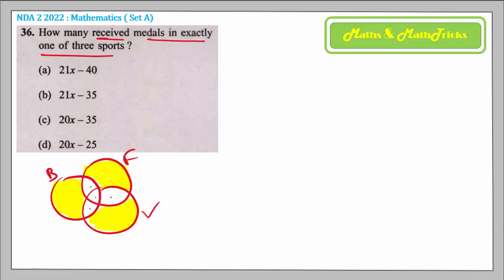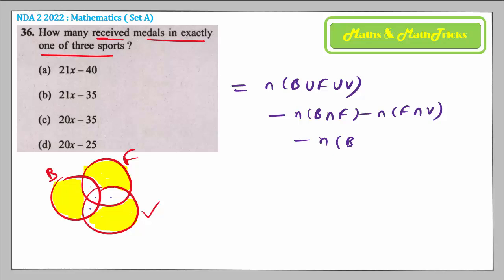So therefore the final answer for this shaded region, the required answer, will be N of B union F union V minus B intersection F minus F intersection V minus B intersection V. But in that doing, you have subtracted this region how many times? 3 times, right? But you have to only do it once. So you have to add 2 times the number of the intersection, the common B, F and V.